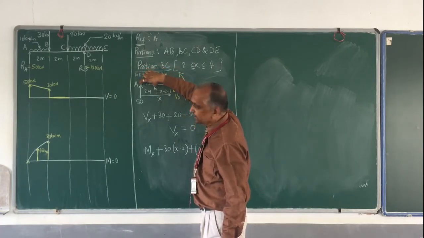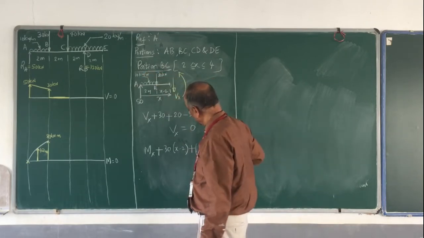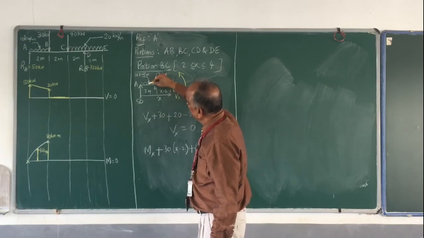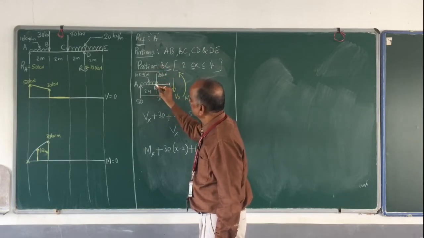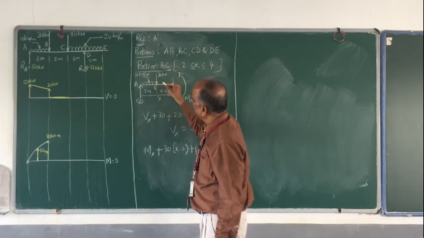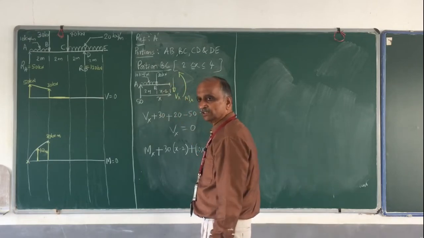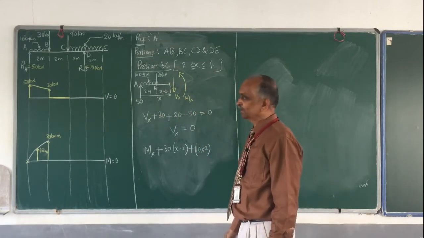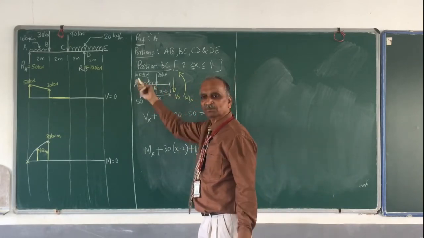How much is the force? That is 10 into 2. So where that 20 is imagined to act, it is acting at the midpoint of this portion. So what is this distance? This is 1. And how much is this? X minus 2. 1 plus x minus 2 is nothing but x minus 1.